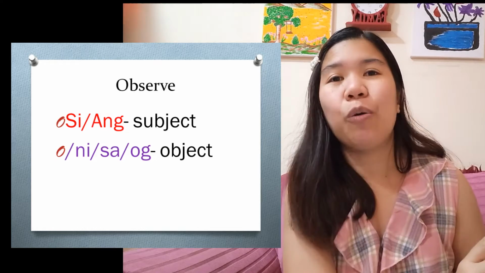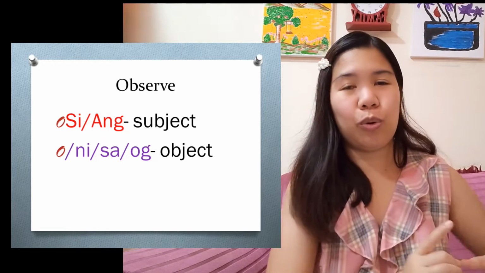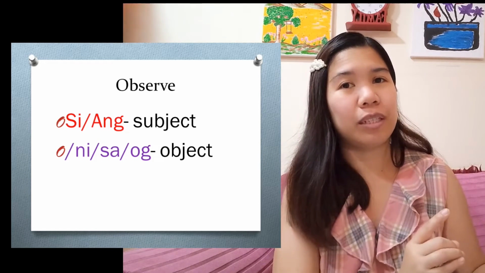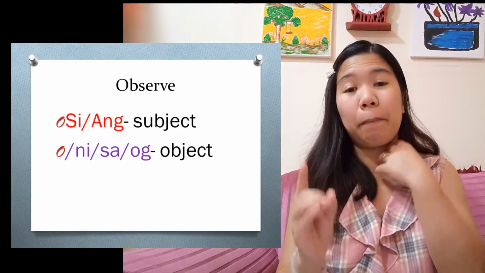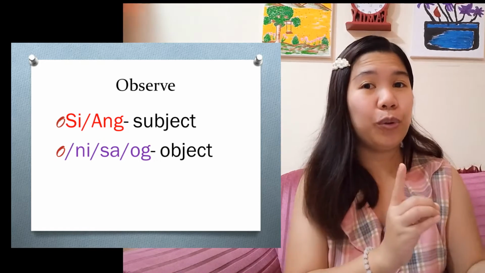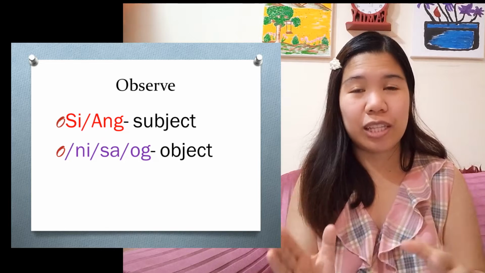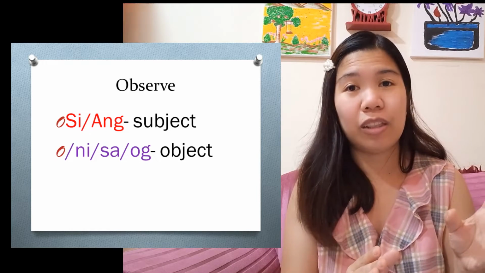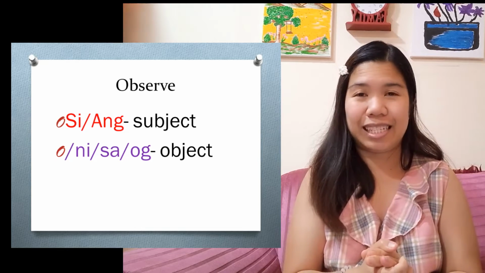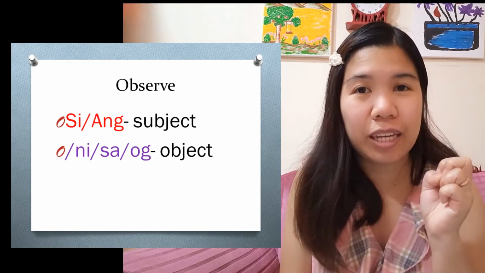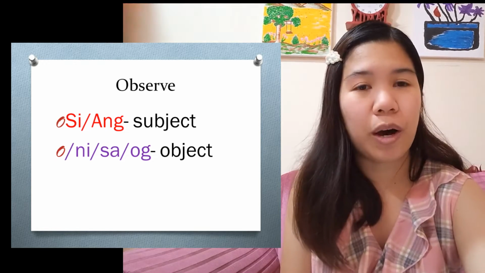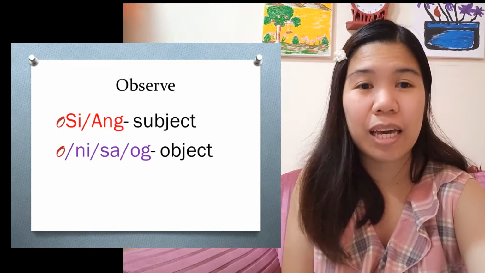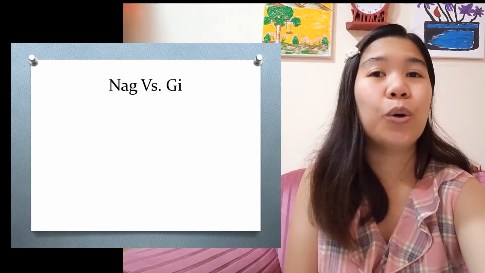Ug tao. Tao means person. So, tao is the object. Okay? Again, remember, ni, sa, or ug gives you a signal that the next noun is the object of the sentence. Okay? Now, clear? Now, we are going to differentiate gi from nag or ni.